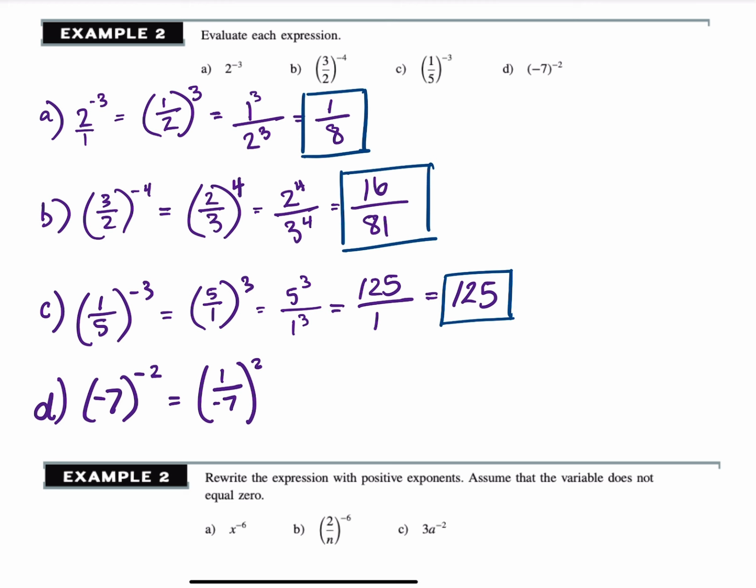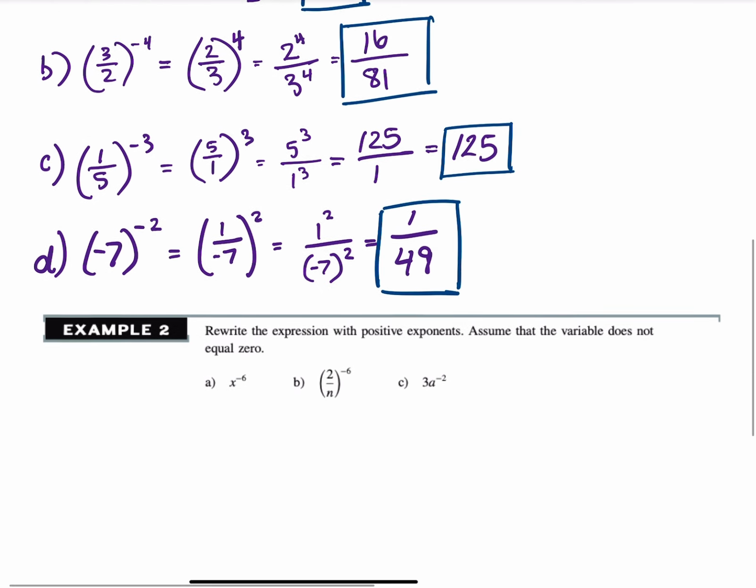So this is 1 squared over negative 7 in parentheses squared. So negative 7 times negative 7 will give us a positive 49. So if you have a negative exponent, flip the fraction, and then we can follow our previous rules from there.